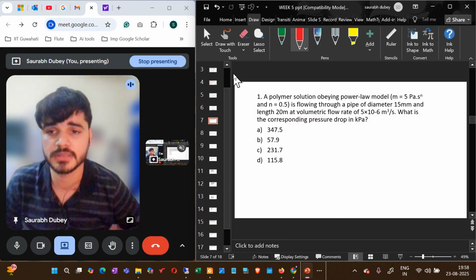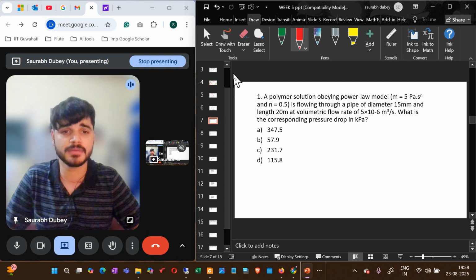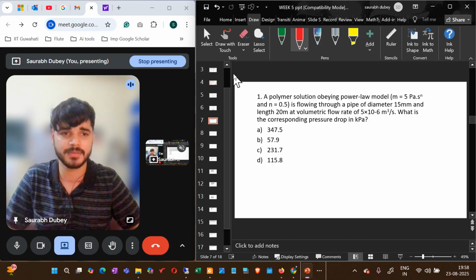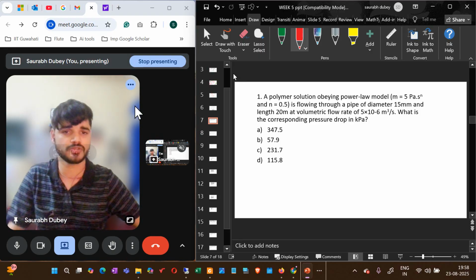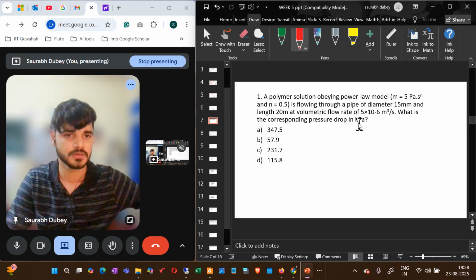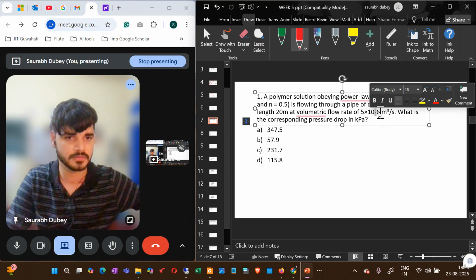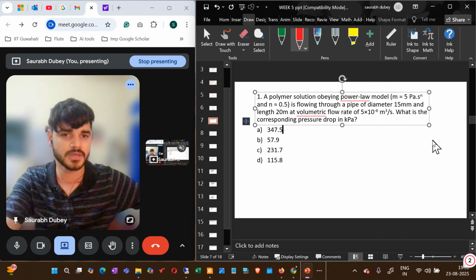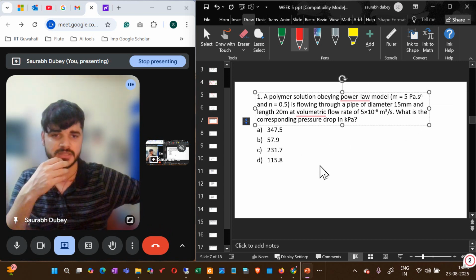Now, a polymer solution obeying power law model m equals 5 Pascal second to the power n, and n equals 0.5, right? So you have this m and n flowing through a pipe of diameter 15 mm, length 20 meter, at a volumetric flow rate of 10 to the power minus 6. What is the corresponding pressure drop in kilopascal, right?